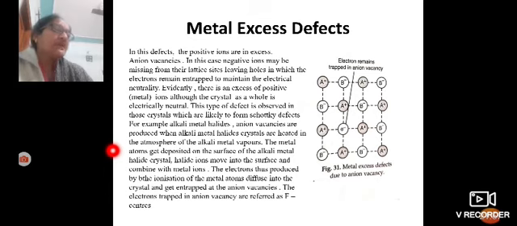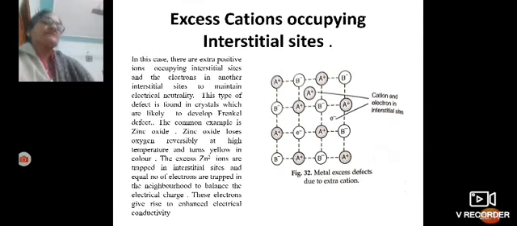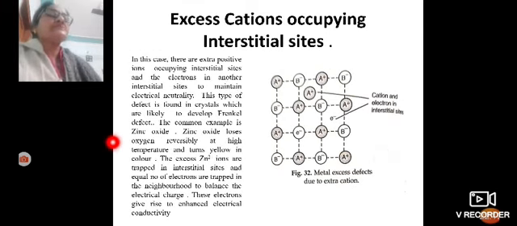This is the figure. Electrons remain trapped in anion vacancy as shown in the diagram. This is metal excess defect due to anion vacancy. Next is the extra cations occupying interstitial sites.